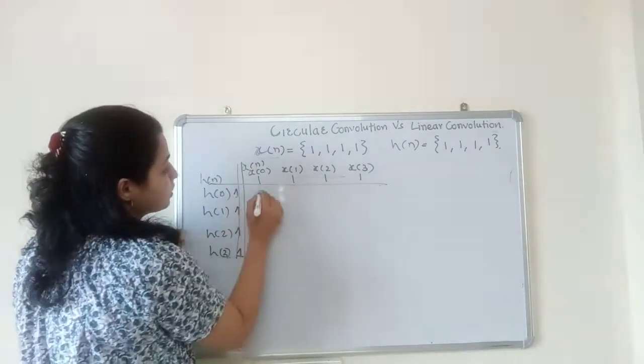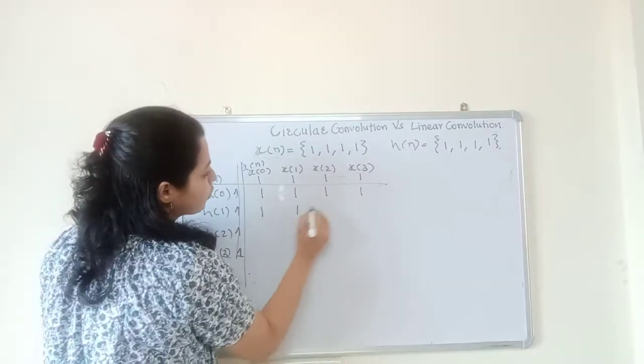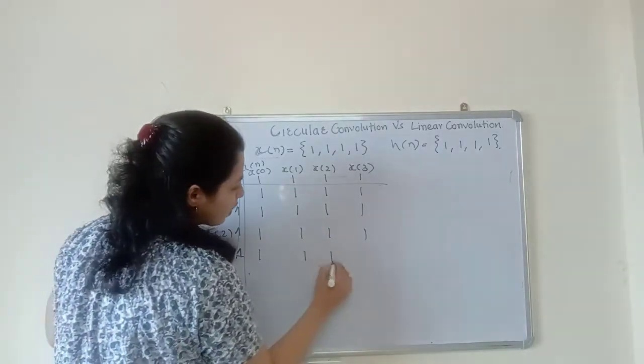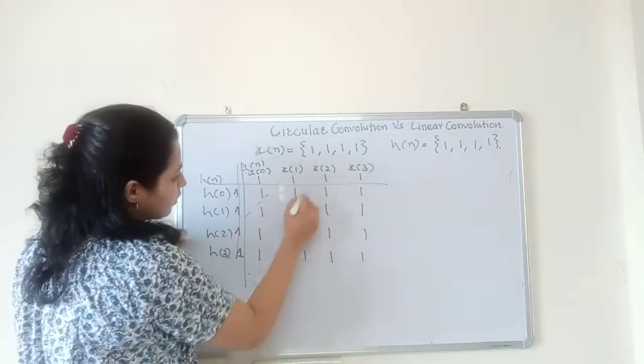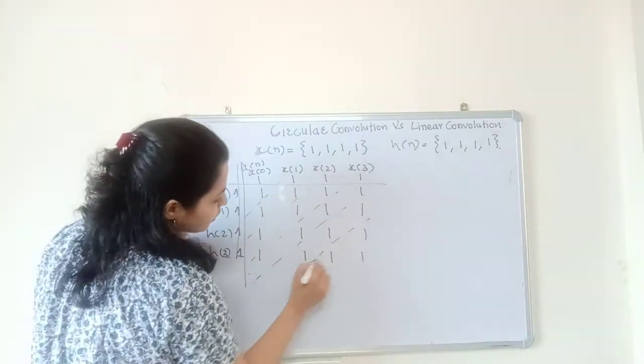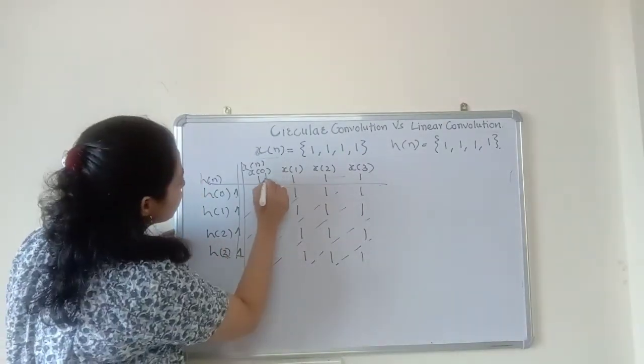We'll multiply this by this, giving rows of 1, 1, 1, 1. We'll draw dashed lines for shifted adding.